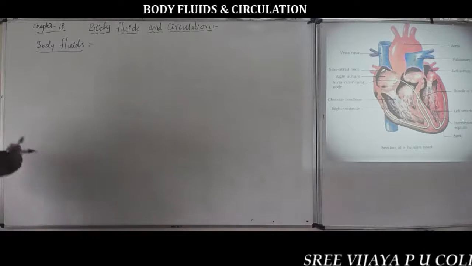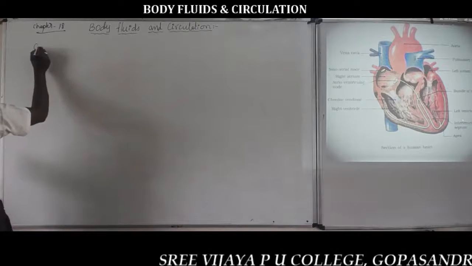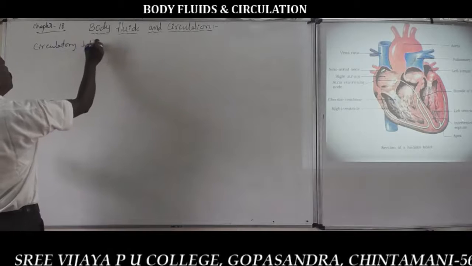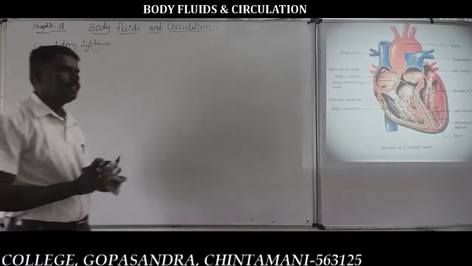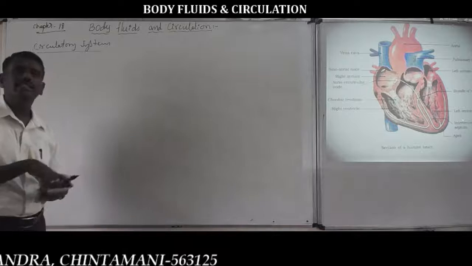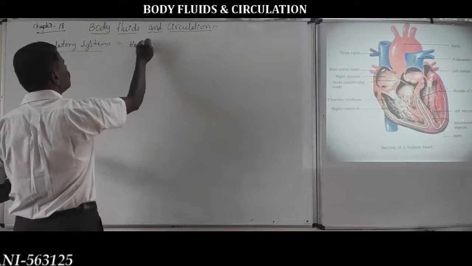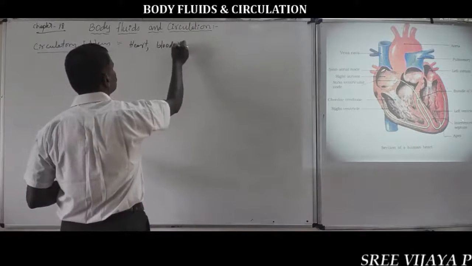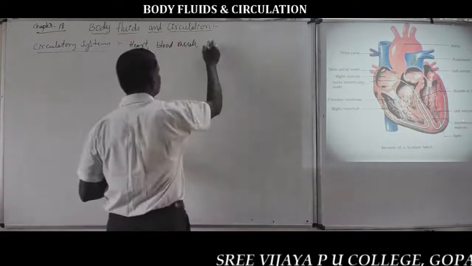So just as we discussed, that is the circulatory system. In humans, the circulatory system consists of heart, blood vessels, and blood.